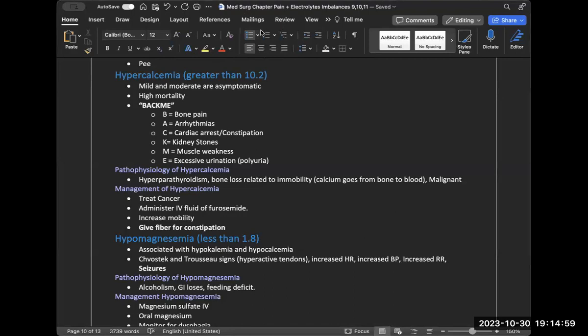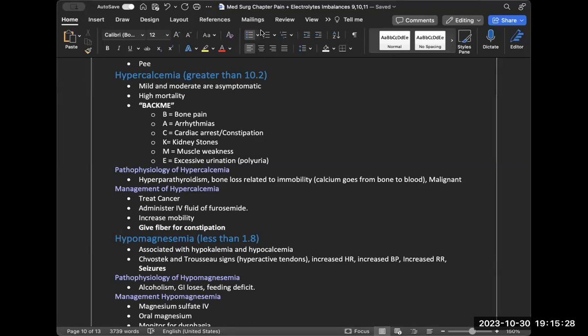Maybe not the bone pain, but arrhythmias to excessive urination, all of these symptoms would easily be on your patho exams or your med surg, because too much calcium can cause calcified stones, a type of kidney stone. Constipation, too much calcium can make you constipated, right? That's why too many dairy products are not good for constipated patients. Muscle weakness and excessive urination, okay?